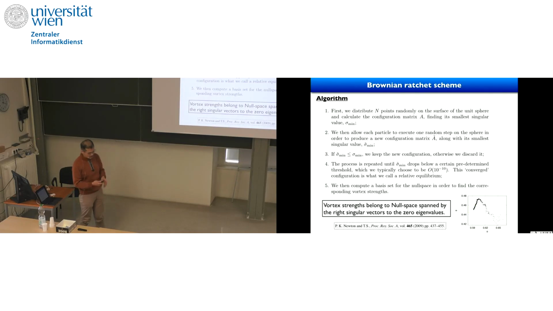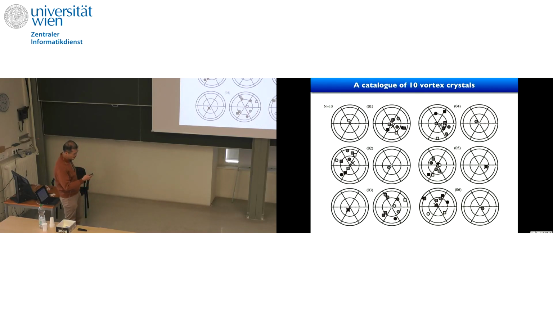By using this stochastic algorithm, we can obtain a wide variety of vortex crystals, which are steady state configurations. Here is an example for 10 point vortices. I show 6 vortex crystals as examples. This is the northern hemisphere, this is the southern hemisphere. As you can see, one point is in the northern hemisphere, and the other 9 are in the southern hemisphere.